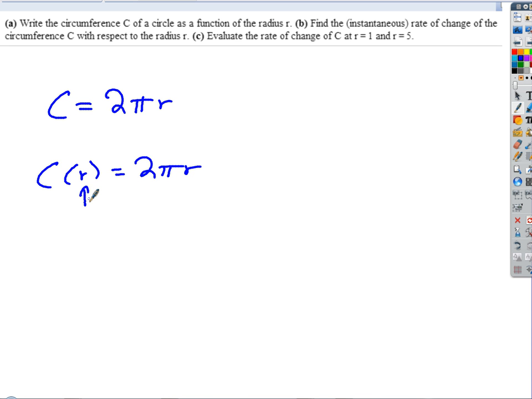Okay, so it wants us to find the instantaneous rate of change of circumference with respect to radius. Now that's a big topic. That's really cool. What that's saying is, as this circle morphs from small to big, or big to small, how fast is the circumference changing compared to the change in the radius?